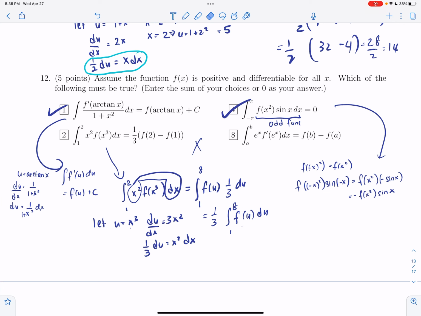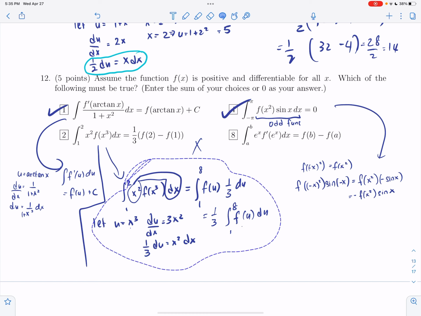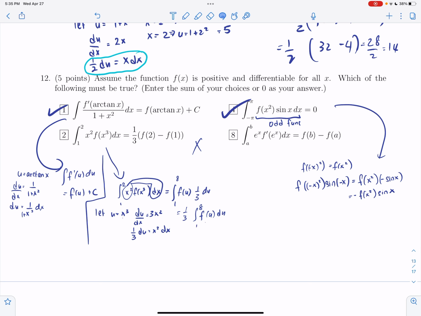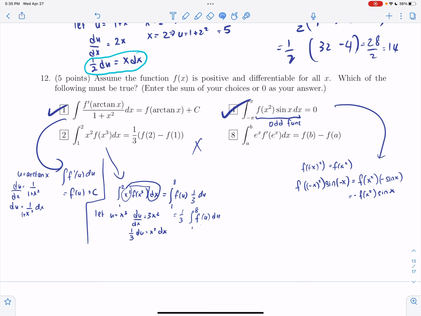All right, and let's look at the fourth integral that we have here. Over here too, clearly I see there's an e to the x and its derivative, e to the x.